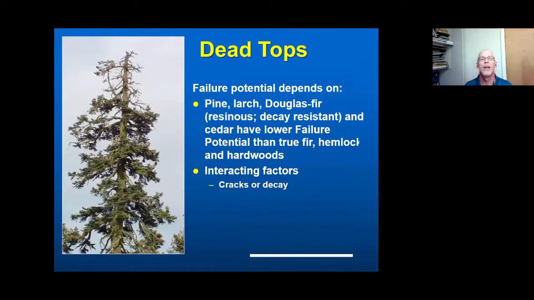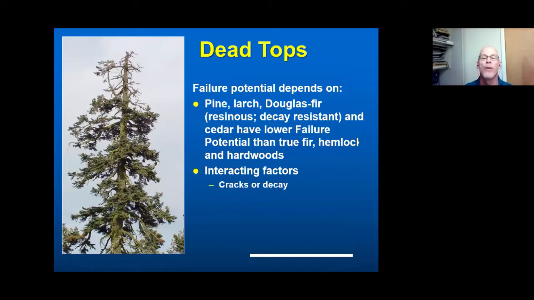Dead tops are another issue here. Dead tops are kind of a tricky thing to rate. Failure potential depends on the species, and particularly those species that have a tendency to be resinous and decay resistant. Those we're pointing out that they have lower failure potential values.